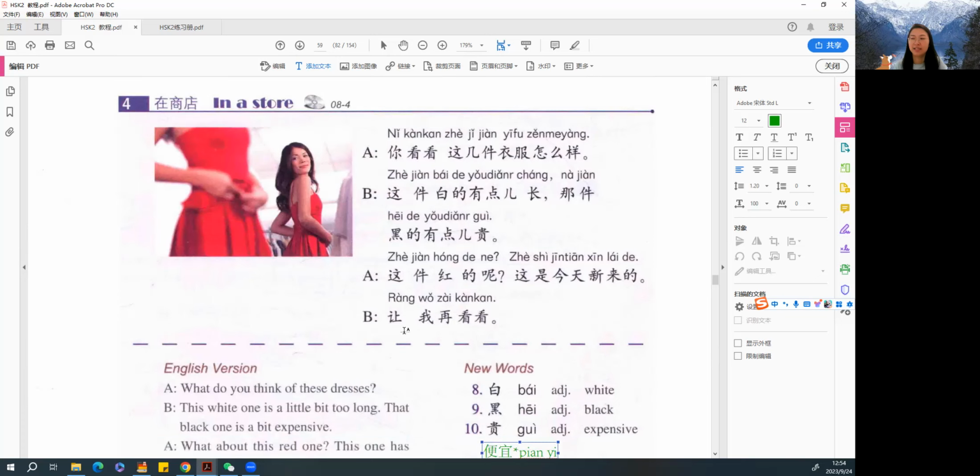And then B says let me take a look. 让我再看看, here it ignores 别的. So 别的 means other, and the complex will be 别的衣服, other clothes. And here it ignores this part, 让我再看看, which means hey, I don't actually need service now. I just want to check it by myself.